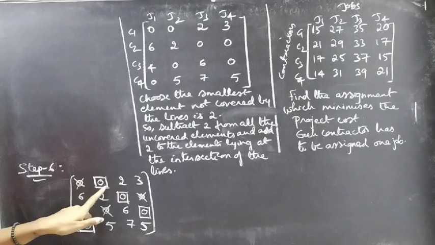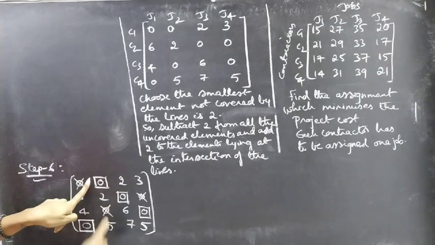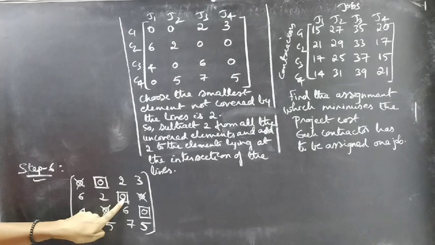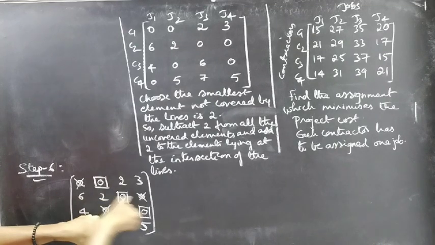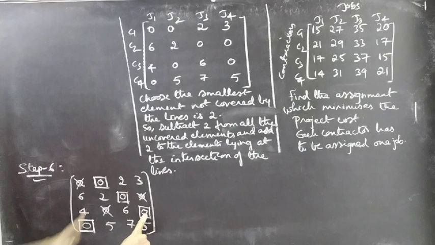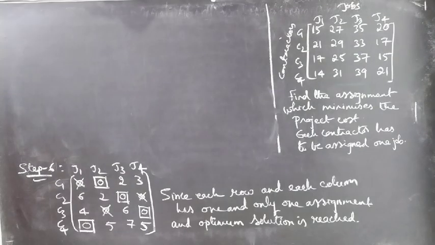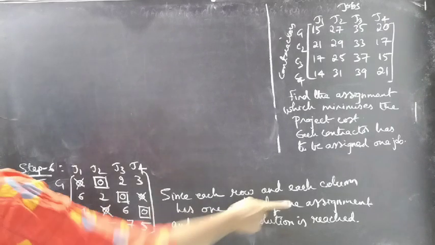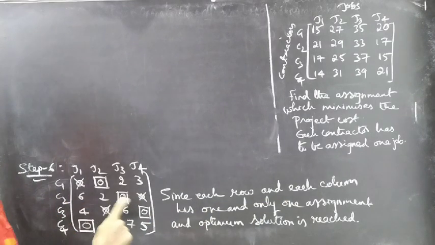We have one assignment in the first row and second column. We have one assignment in the third column and second row. We have one assignment in the fourth column, third row, and we have one and only one assignment in the first column, last row. So we got the optimal solution here. Since each row and each column has one and only one assignment, the optimum solution is reached, right?